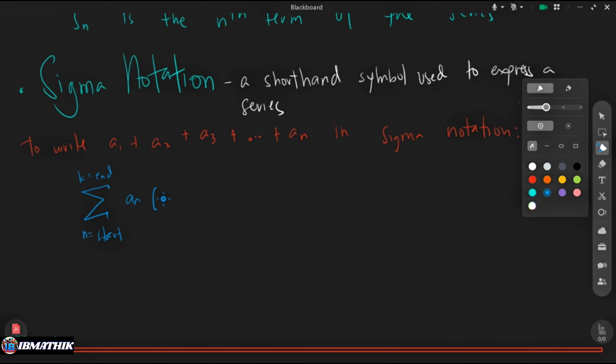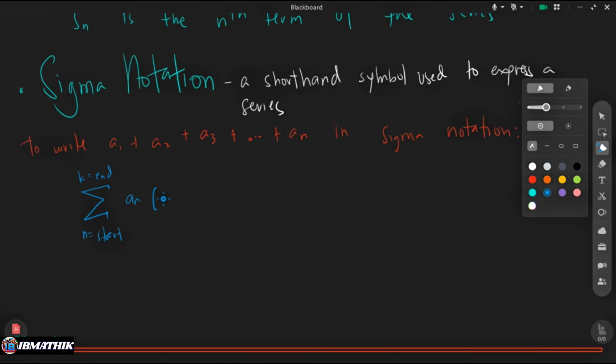And how many terms do we have? The n will be 5. And when it comes to the expression in terms of the nth term, it will be a subscript n. That's it. That is the sigma notation.